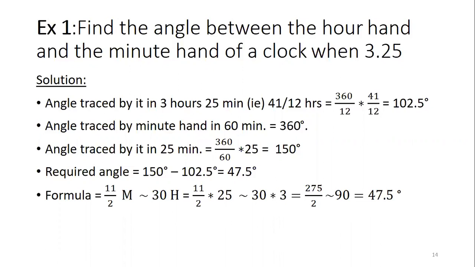Here, how to apply M and H: M is minutes and H is hours. So here H is 3 and M is 25. Applying the formula, you will get 47.5 degrees.